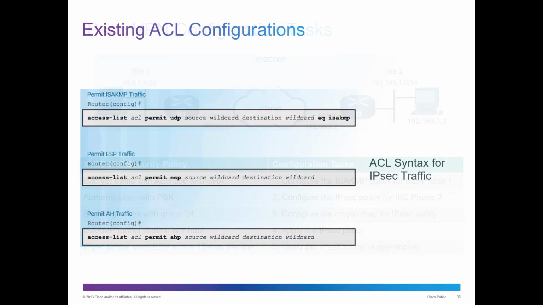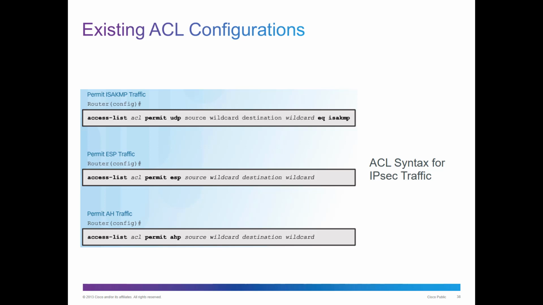Alright, so how do you permit the appropriate traffic? Well, that's ACLs. So here, if we're looking at 3 types of ACLs, one is going to permit the ISAKMP traffic. That's going to be UDP. So it's going to be a standard ACL.